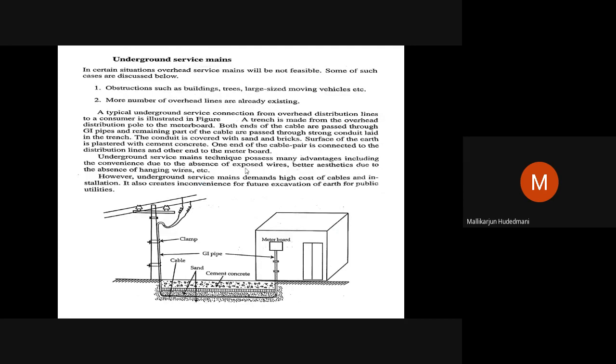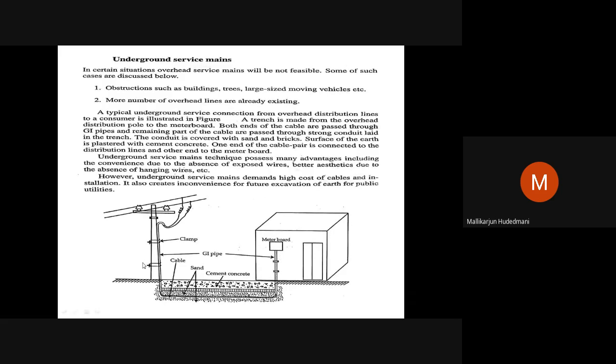From the electric pole, what will be done? These conductors are taken all along a GI pipe, galvanized iron tube, and an underground trench is cut. You will have a small cut slot, which we call a trench, along the road or across the road, such that from the pole it reaches your meter box, and you will open the conductor only at the meter box.